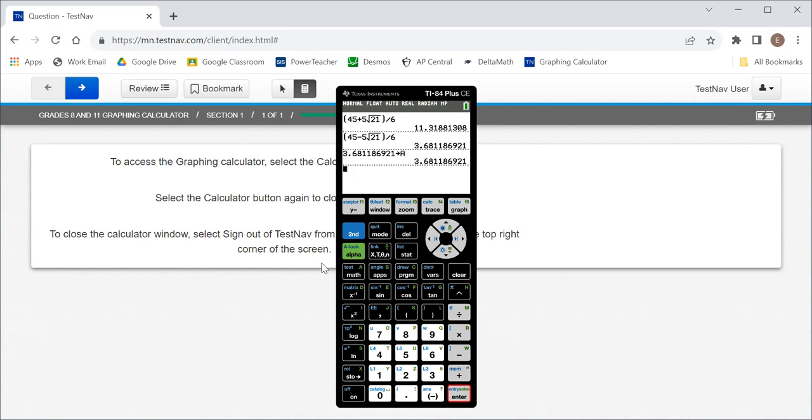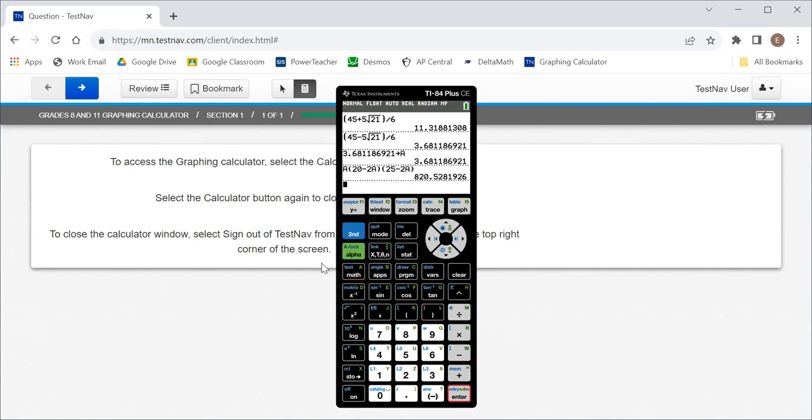I can just go in and say my volume was X, which my X is going to be A, and then 20 minus 2A.